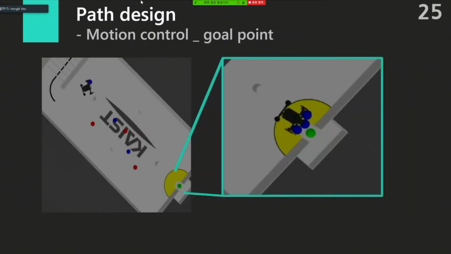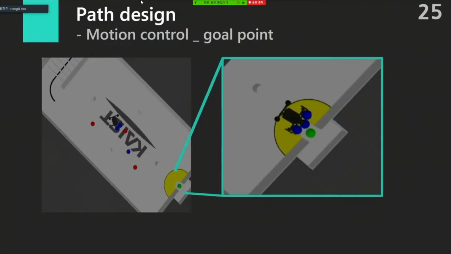And I wanted to emphasize the vibration motion again over here. As you can see, we collect the balls, and then go to the goal point and put the balls inside here.